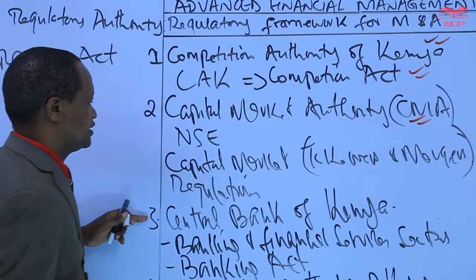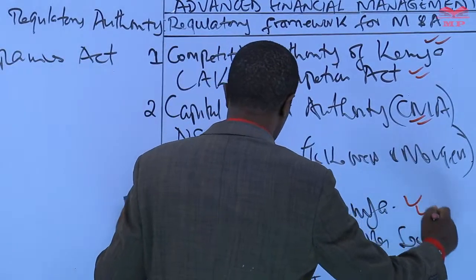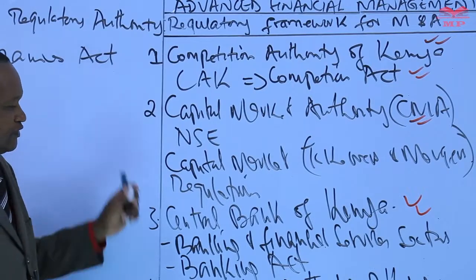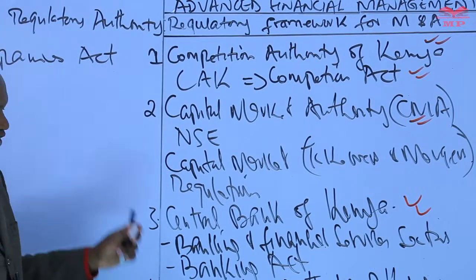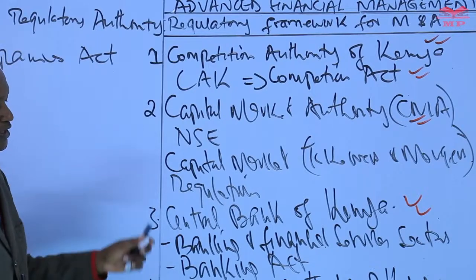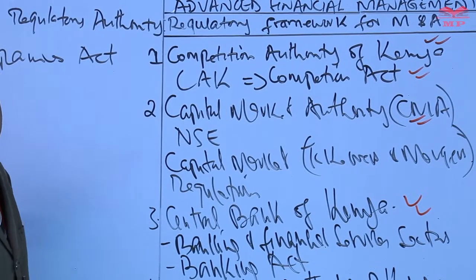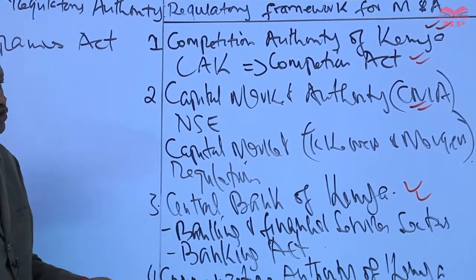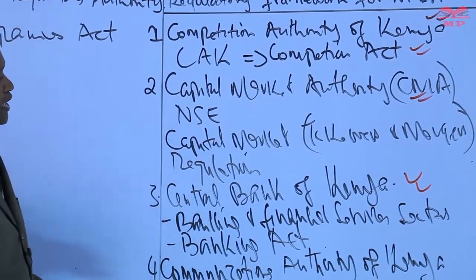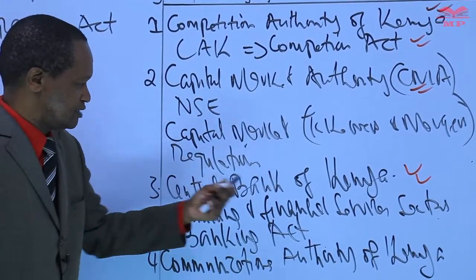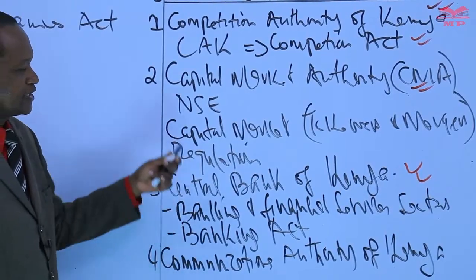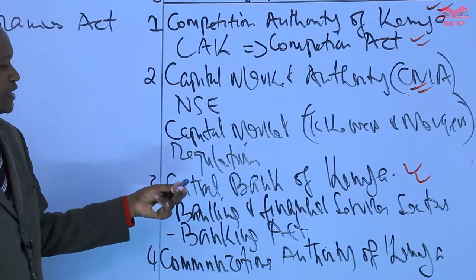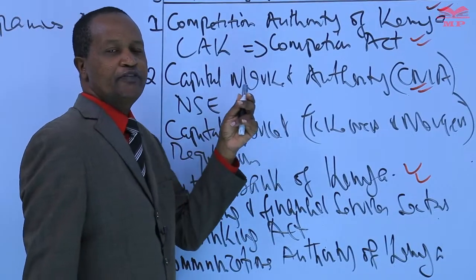Number 3 is the Central Bank of Kenya, we've said, regulates mergers and acquisitions in the banking and financial services sector. And we've stated that the Banking Act, which is an act of parliament in Kenya, requires that companies within the banking and financial sector seek approval from the Central Bank of Kenya before merging.